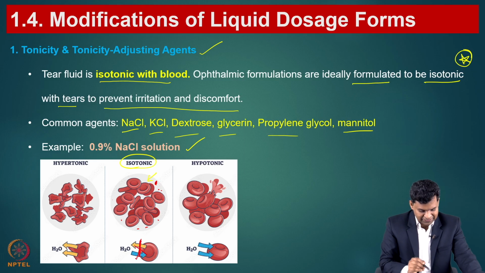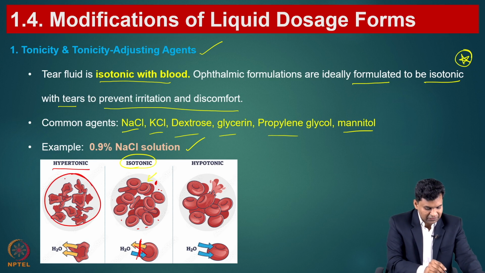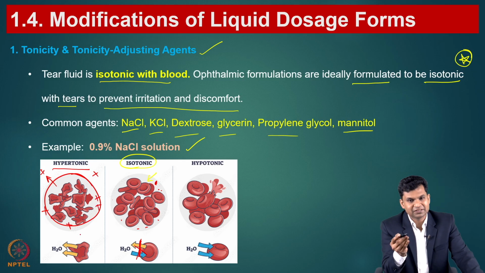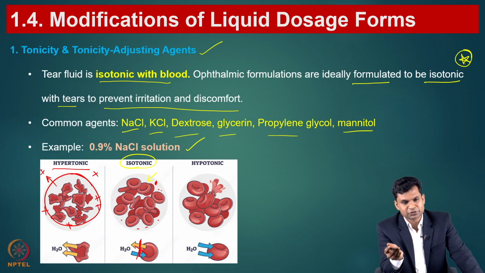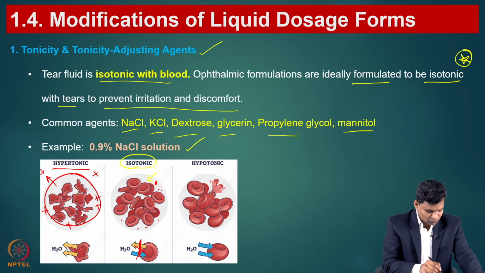Whereas hypertonic leads to shrinkage, because the solute concentration outside is very high compared to the cell. As per the osmosis principle, water will move from low to high, so you will see the shrinkage.